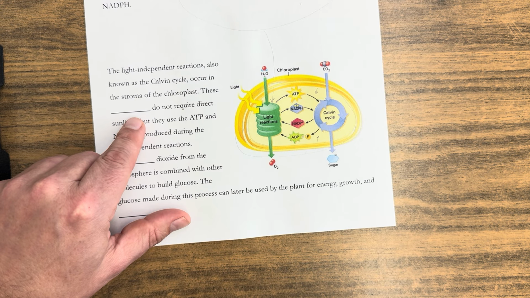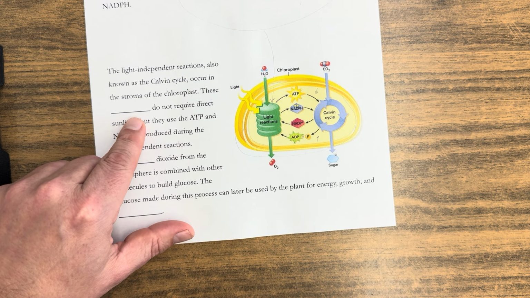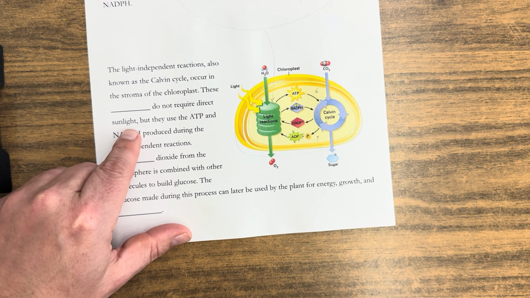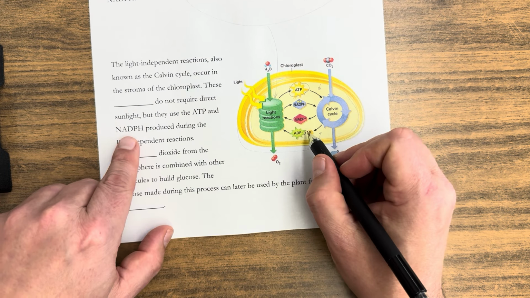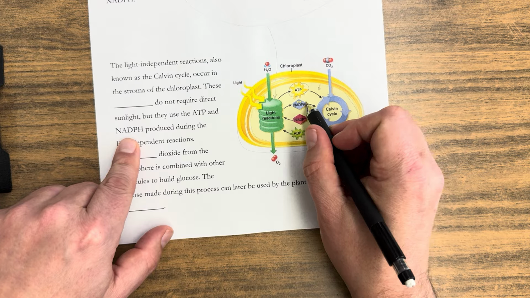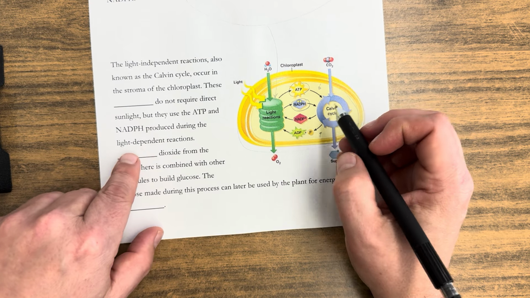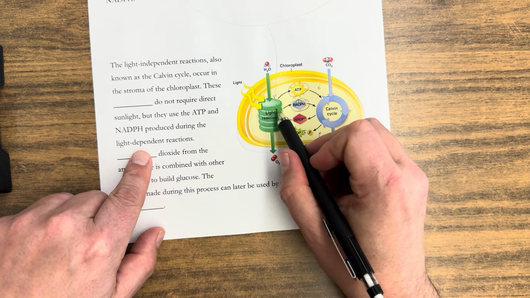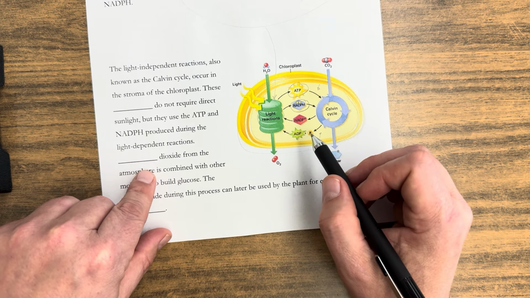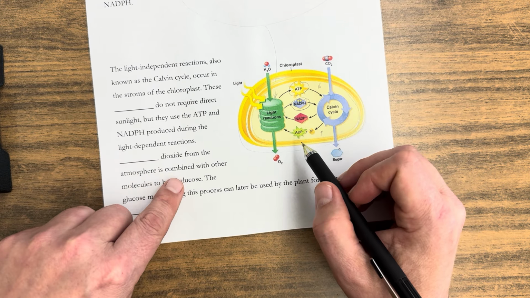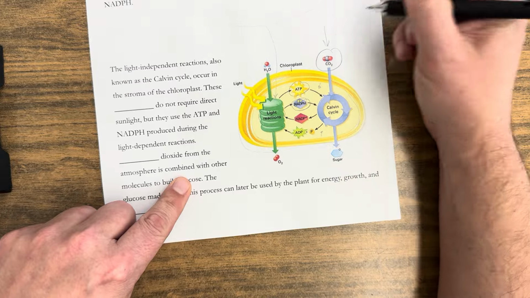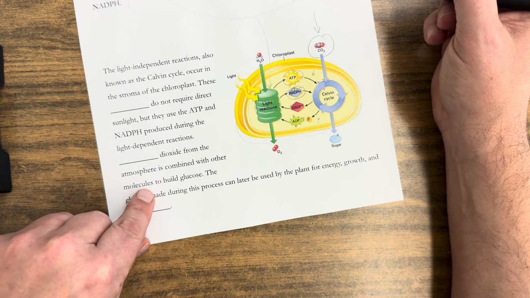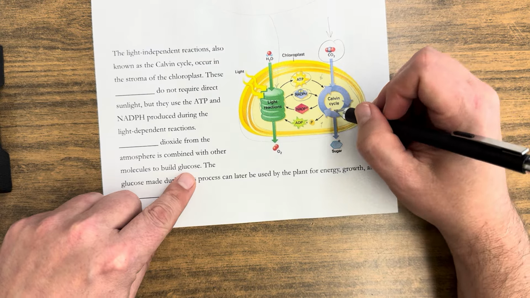Let's see here. These reactions do not require direct sunlight, but they use the ATP and the NADPH produced during the light-dependent reactions. Carbon dioxide from the atmosphere is combined. So here's our carbon dioxide from the atmosphere coming in, is combined with other molecules to build glucose.